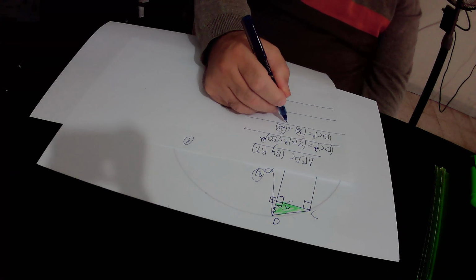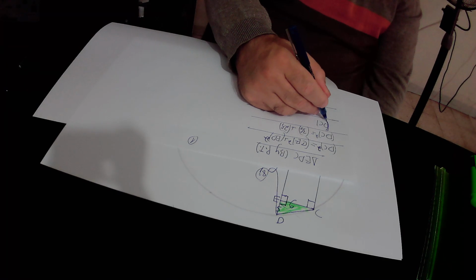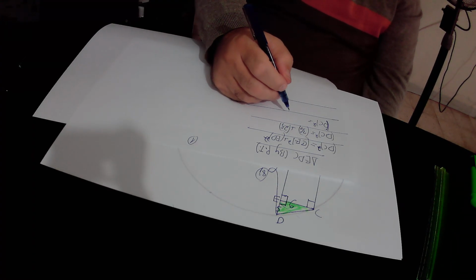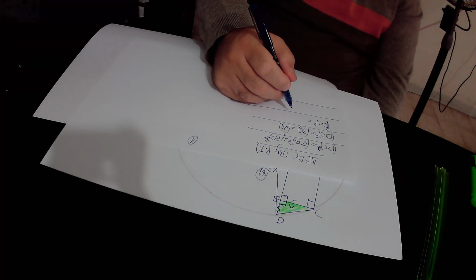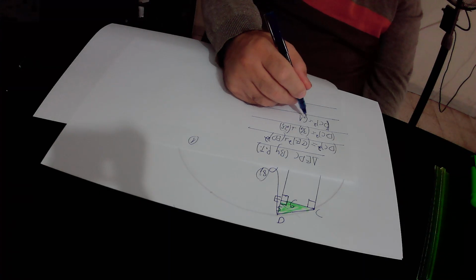So in conclusion, we found out that DC squared, that is the square of the hypotenuse of the green triangle, equals 36 plus 25. 36 plus 25 is 61. So DC squared equals 61.